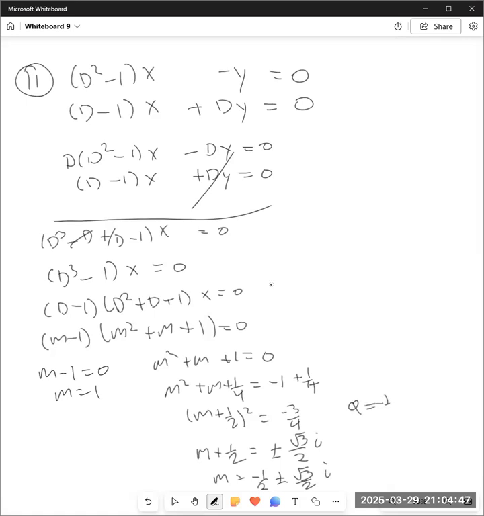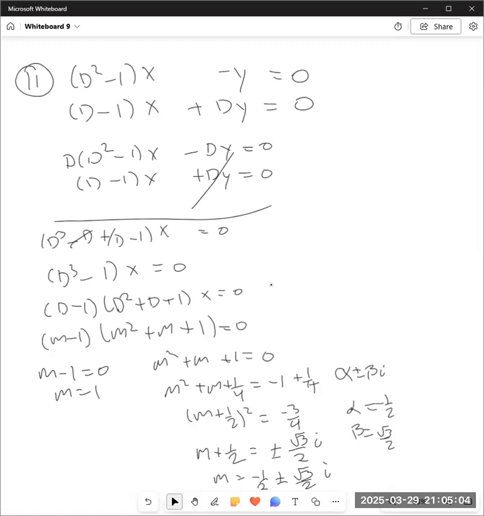m equals negative 1/2 plus or minus root 3 over 2 i. Alpha equals negative 1/2, and beta equals root 3 over 2 for my complex number alpha plus or minus beta i.